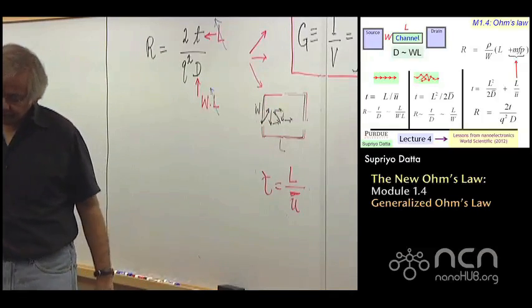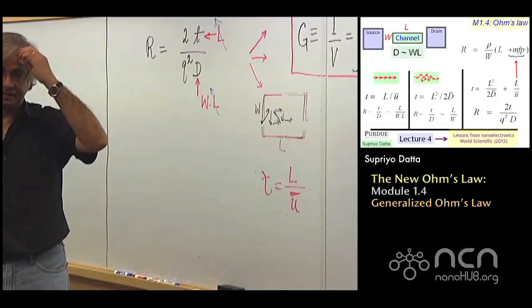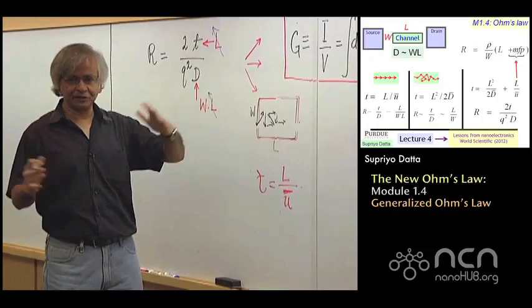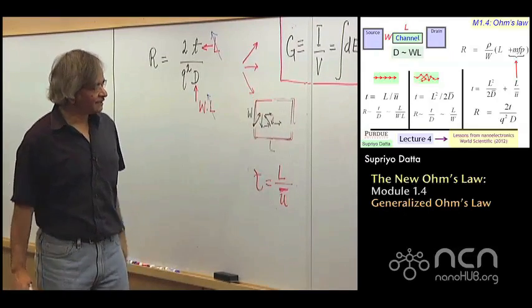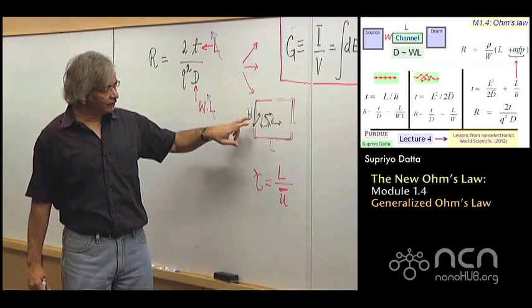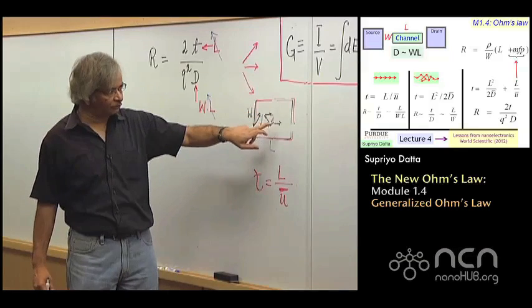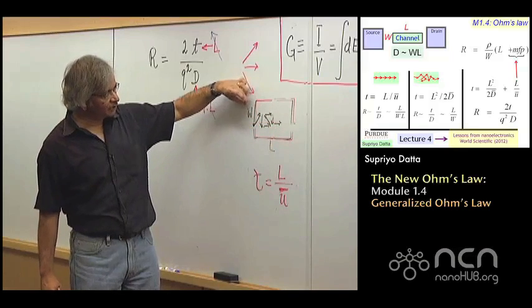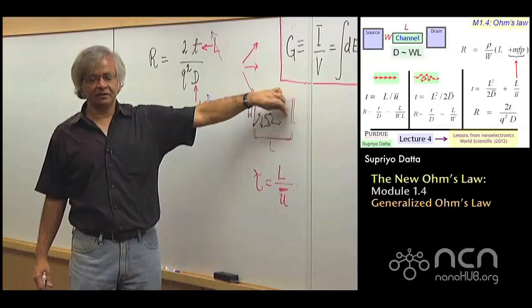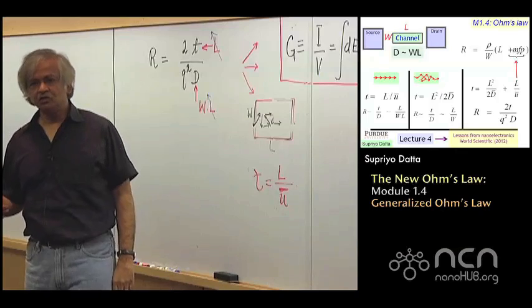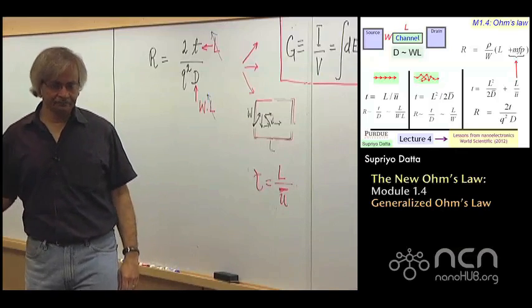So one of the established results, and you can look this up in discussions of random walks, is that when an electron is taking this random walk, the time it takes to get from left to right is not proportional to length, but rather it's proportional to the square of the length.